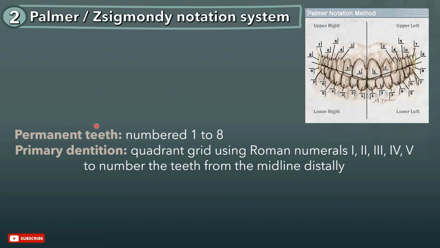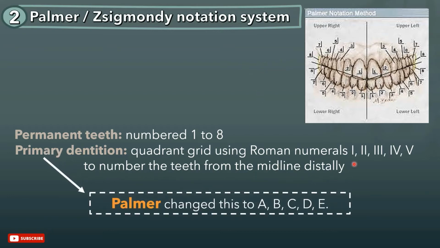The permanent teeth in this system are numbered from 1 to 8 for each quadrant, and the primary dentition are designated using the Roman numerals 1, 2, 3, 4, and 5, starting from the midline and continuing distally.